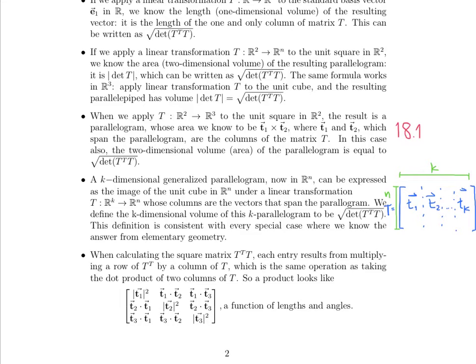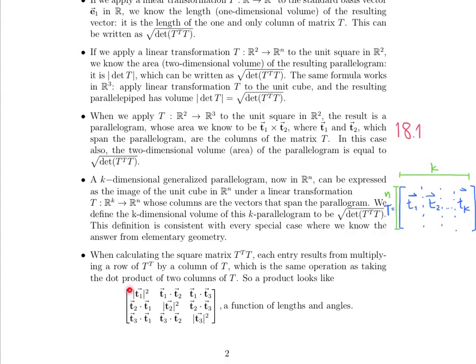But note that, brass tacks speaking, when we're calculating the square matrix T transpose T, each entry results from multiplying a row of T transpose by a column of T, which is the same operation as taking a dot product of two columns of T. So for instance, the first row of T transpose is the first column of T. So you'll see that up here, when we multiply them together, what we actually have is the dot product between that first row's vector, T1, and that first column, T1.